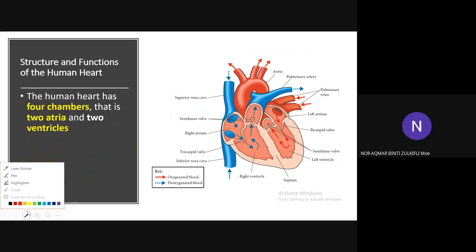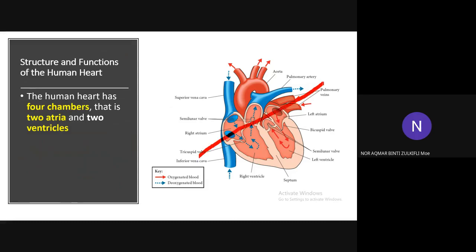If we cross section the heart, okay, this is number 1, number 2, number 3, and number 4.